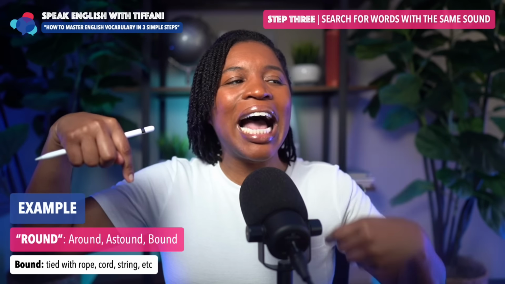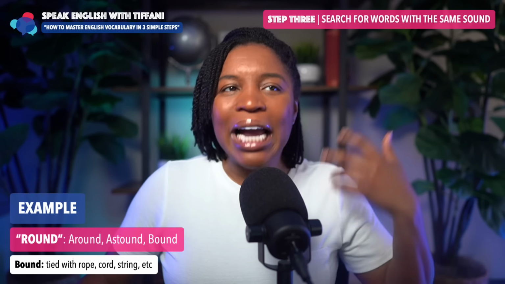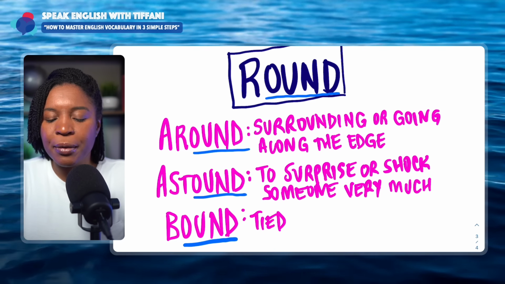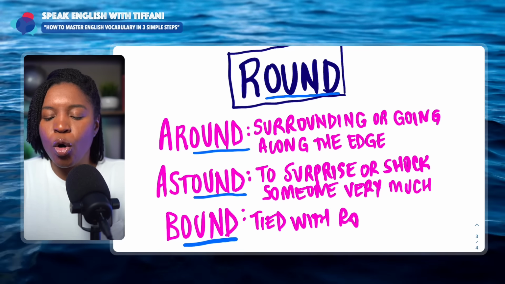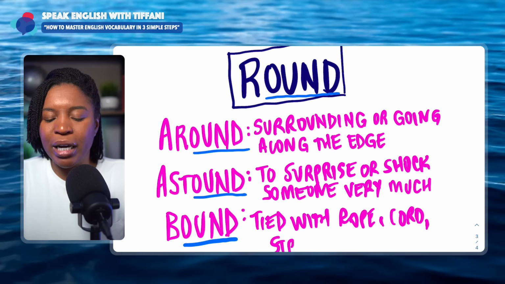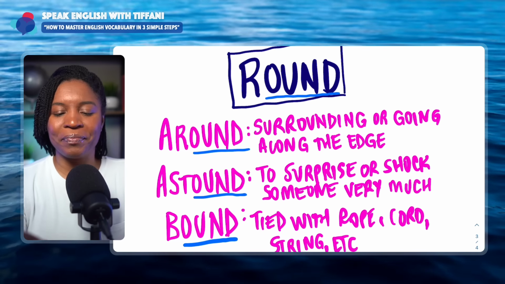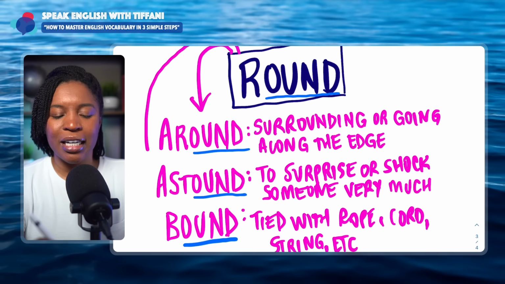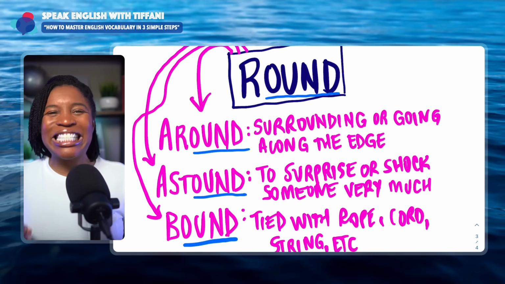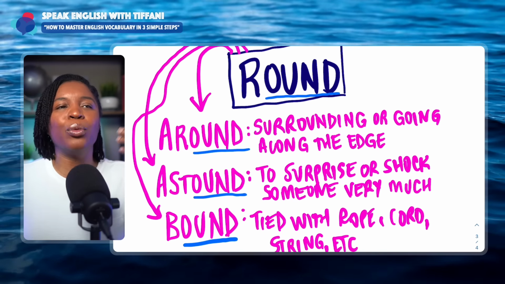It just means tied with rope, cord, string, etc. So, tied with rope, cords, or strings, etc. So now we have, again, 3 more words connected to our main word because they sound similar to the word. Round, around, astound, bound.